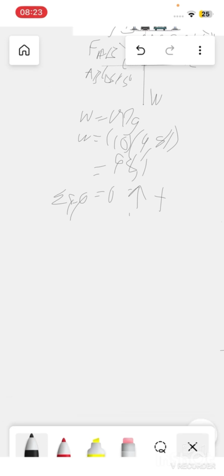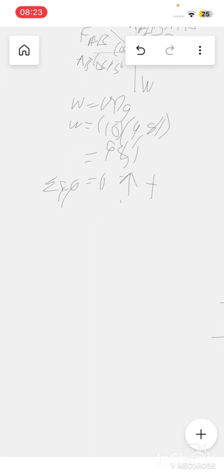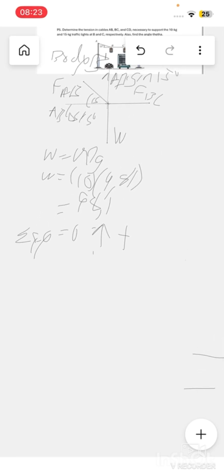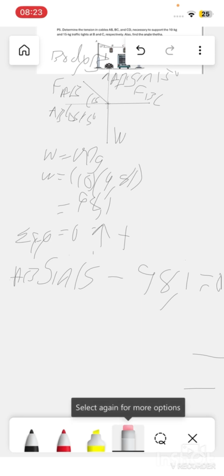The upward one is AB sine 15. The W, since it's going downward, we say minus 98.1, and that is equal to 0.